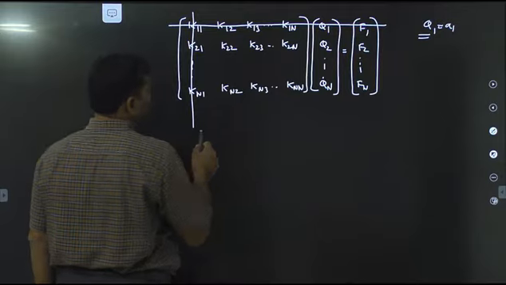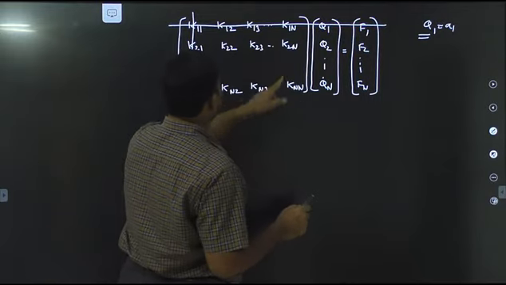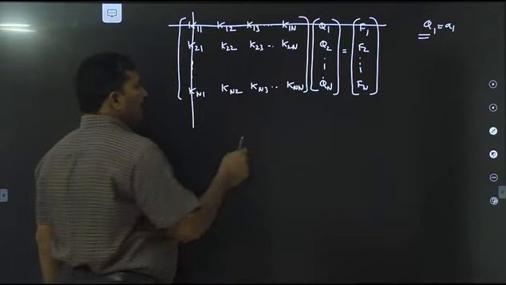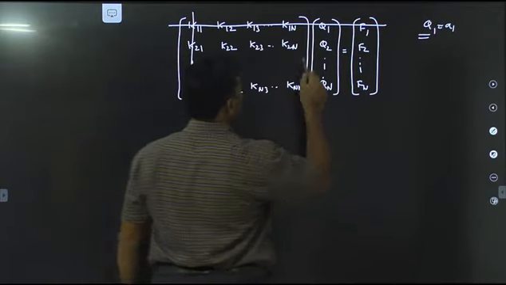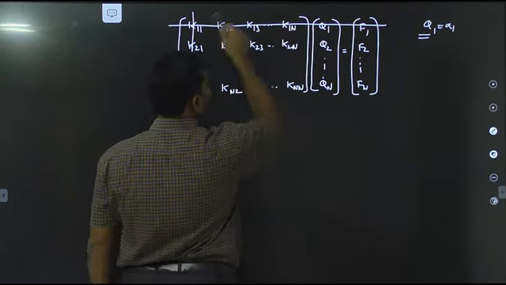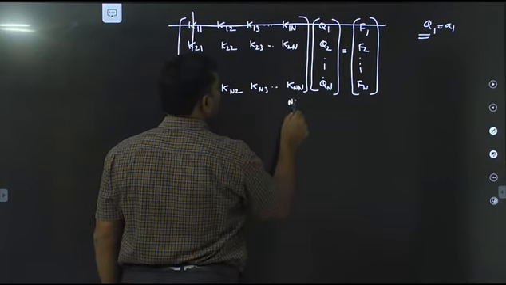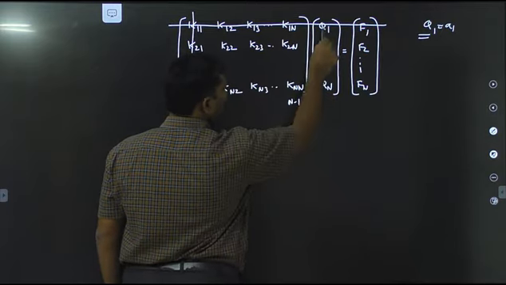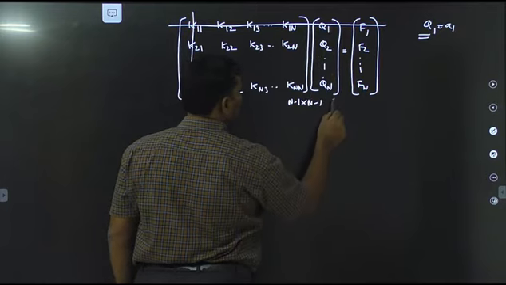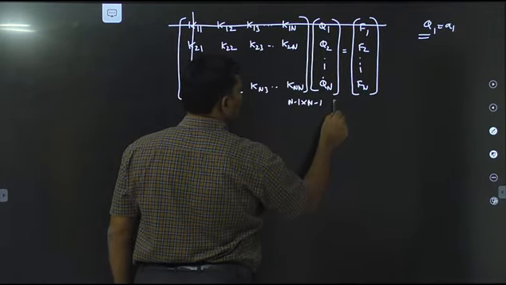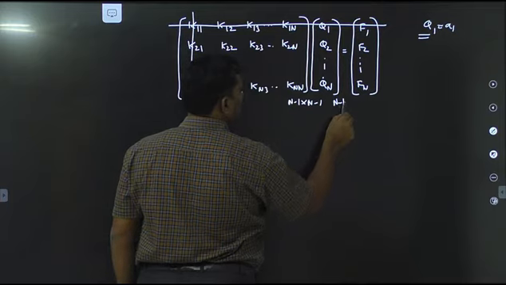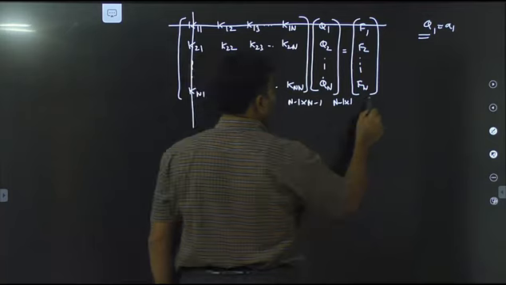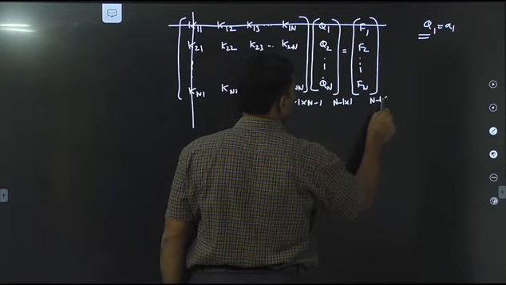So how do you write? Again, see here, the size of this global stiffness matrix is now reduced to n minus 1 by n minus 1. The size of the global displacement matrix reduces to n minus 1 by 1, and the size of the global load vector reduces to n minus 1 by 1.